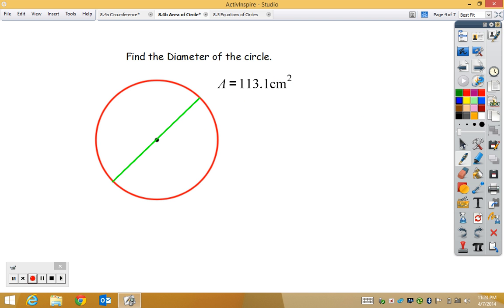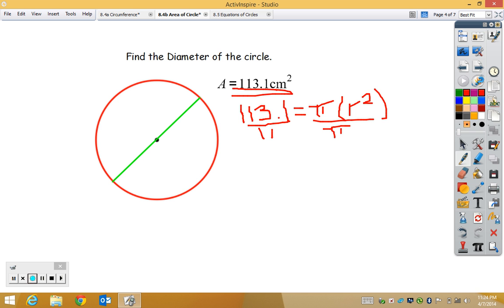Second one, we're going to work backwards here, and we are going to try and find the diameter of the circle. So if we plug 113.1 in for our A, we get 113.1 equals pi times r squared. So we divide both sides by pi, and we get 36.00 equals r squared.